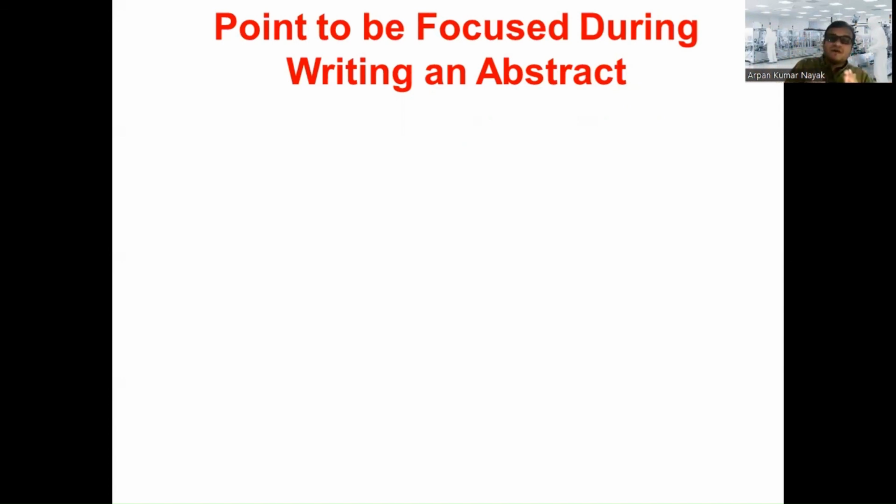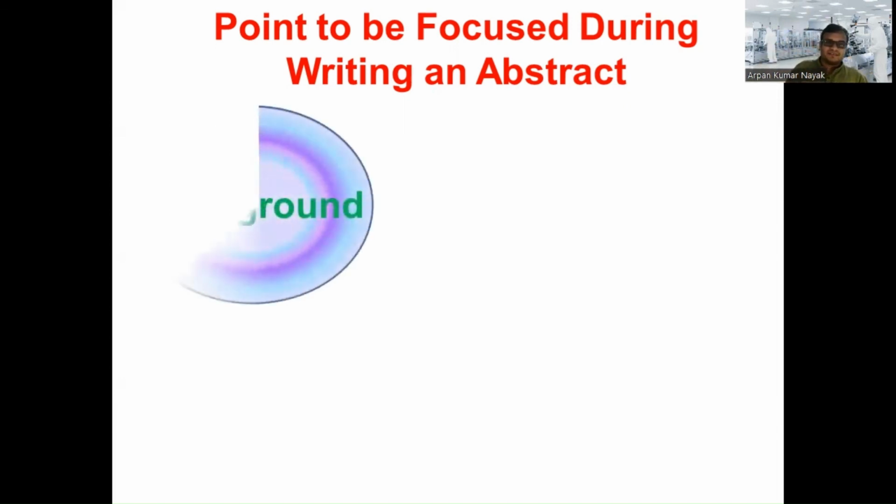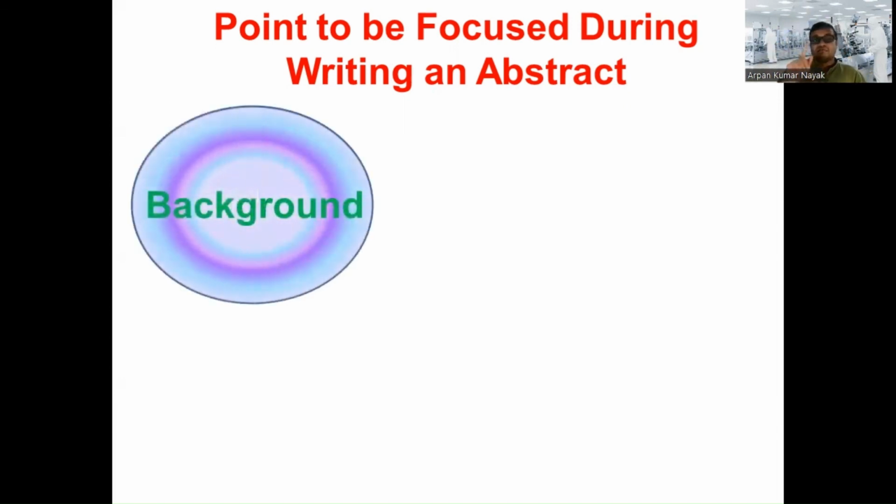Here, as I said, we have to take a few sentences which reveal the whole story of the manuscript or whole research work. So what points should be focused on when you start writing an abstract? So the first point is background. The first 2-3 lines should focus on the background.